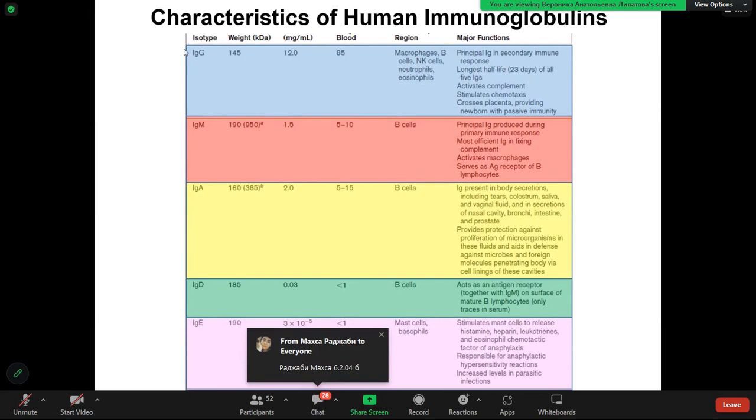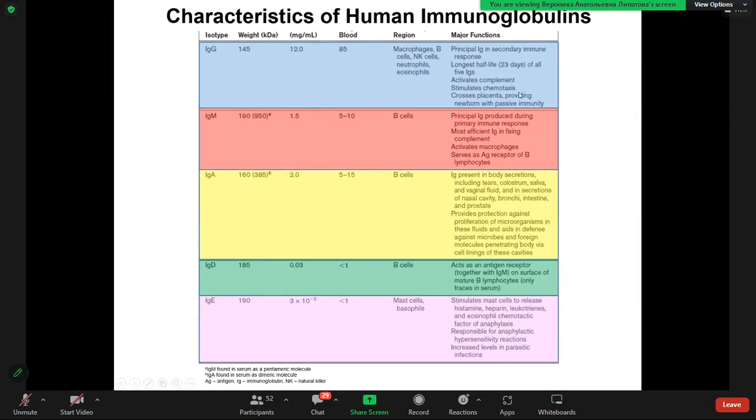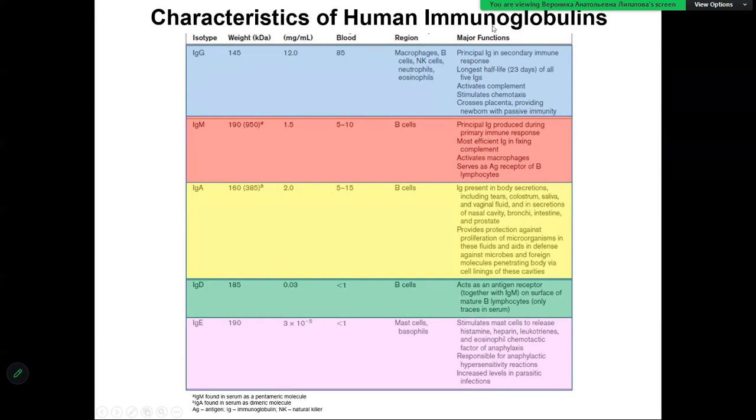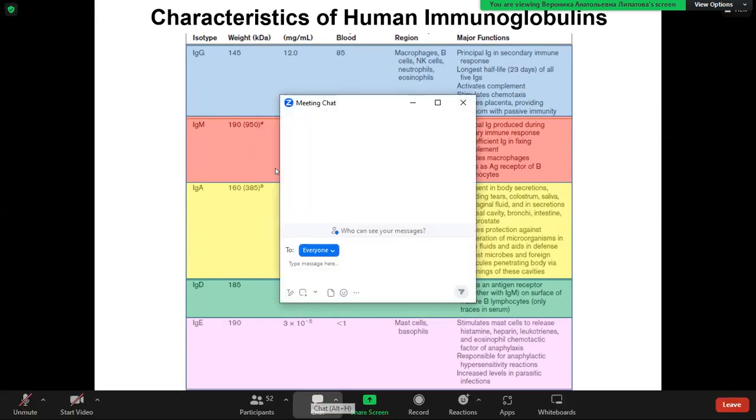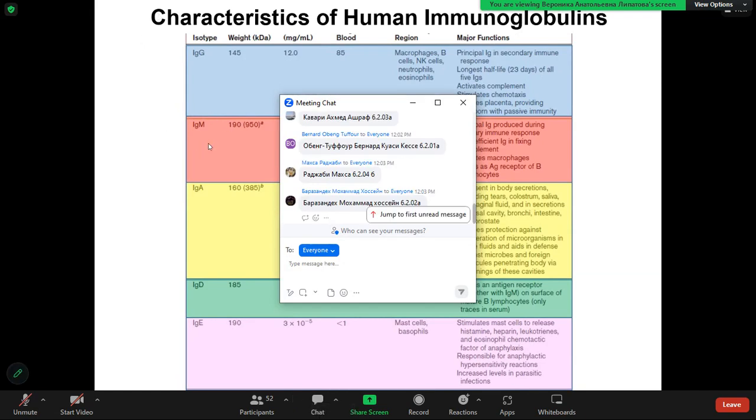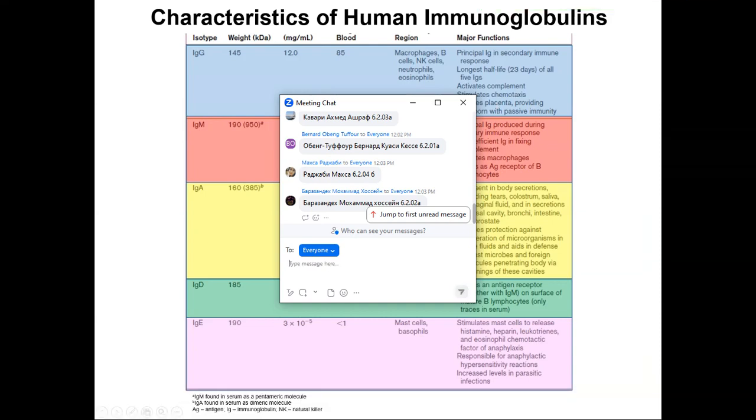And the main characteristics of human immunoglobulins. For example, immunoglobulin G is the result of secondary immune response after the first meeting with a foreign antigen. Immunoglobulin M is principally produced during primary immune response. Immunoglobulin A is a secretory immunoglobulin, protection against proliferating microorganisms in fluids and linings.